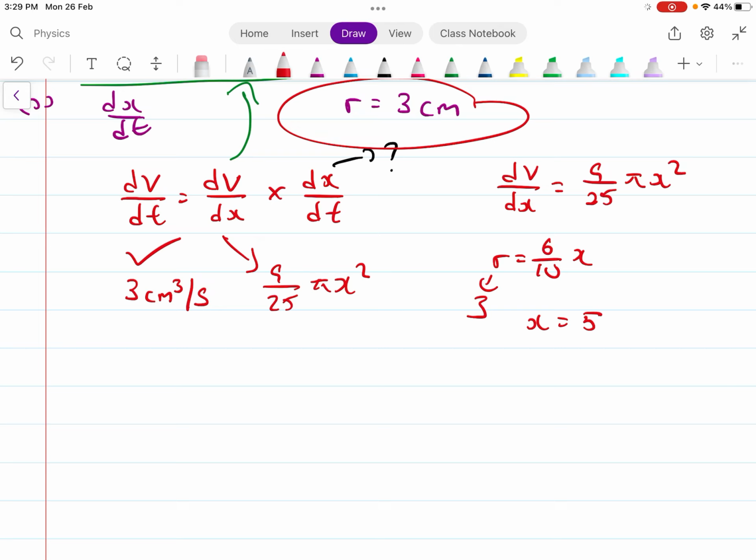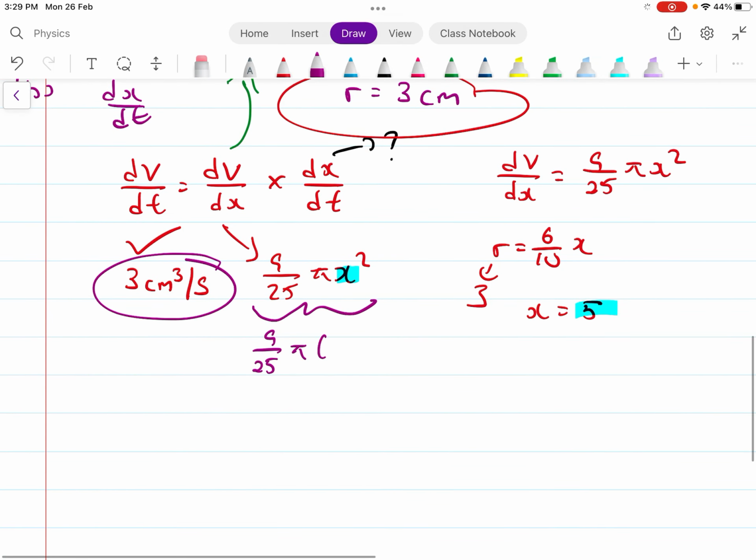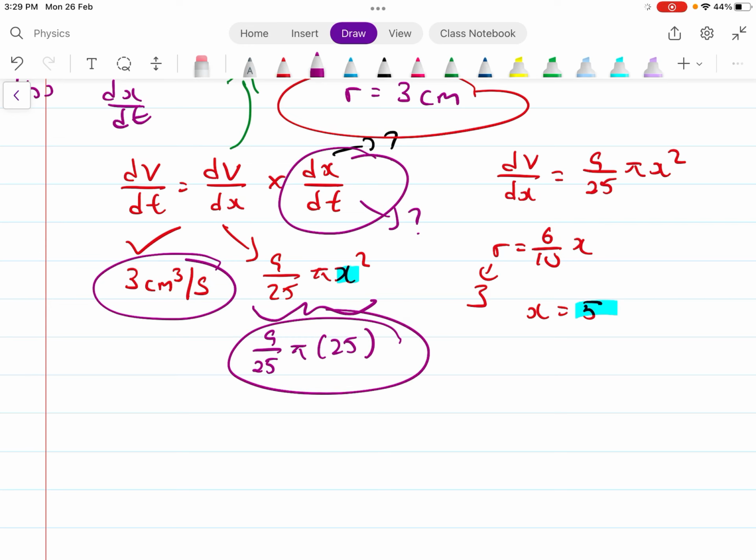With this, I can determine my dx/dt. I have dV/dt as 3. Now I substitute x equals 5 into here, so x squared is 5 squared, 25. It is equal to 9 over 25 pi times 25. So dx/dt is 3 divided by this whole thing: 3 divided by 9 over 25 times 25 pi.